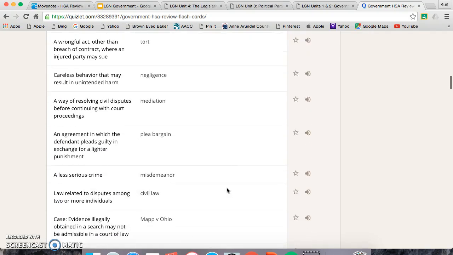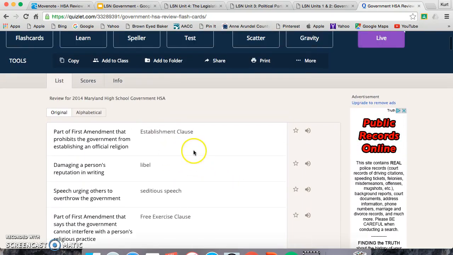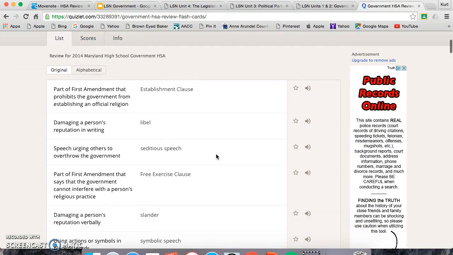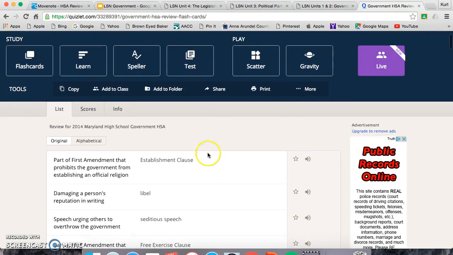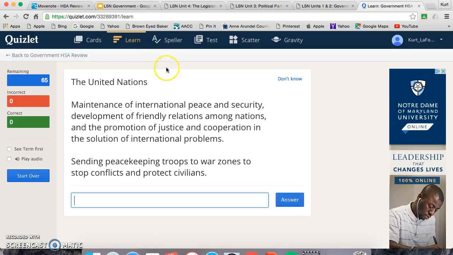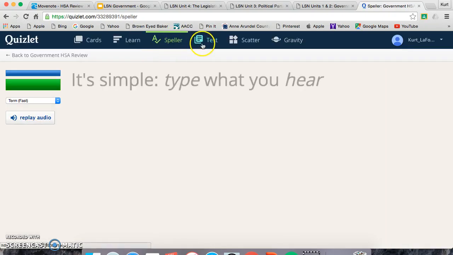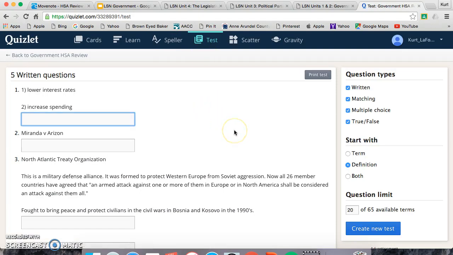What I like to tell them is that not only should you know the vocabulary, but you should also add examples to the vocabulary. There's a learn area, speller, and the tester, which is definitely good for these students.